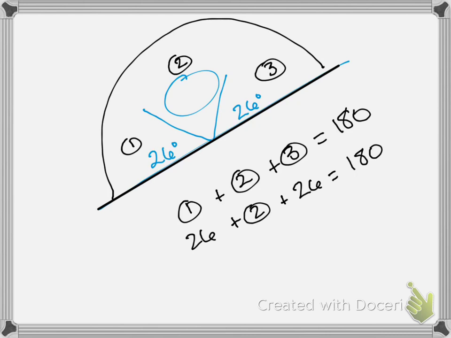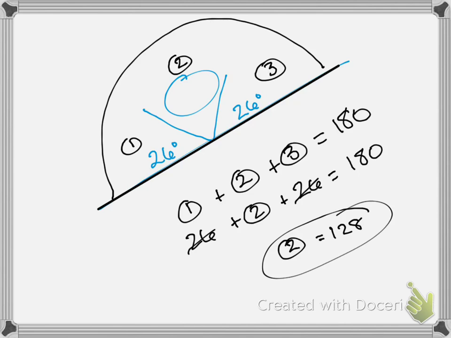All right, and if you do that, angle 2 is equal to, let's see, what is that? 52? It's what? Yeah, 128. That's right. Okay?